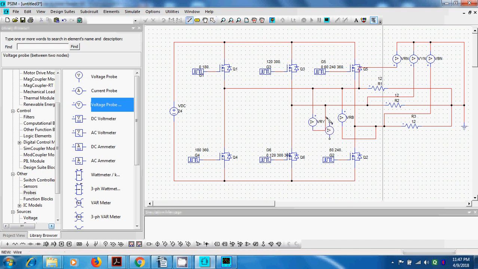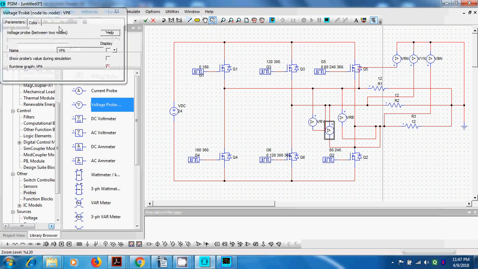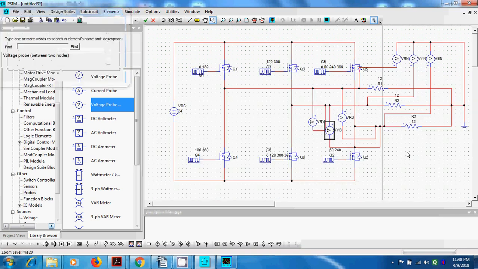Your positive is to be connected to Y, for VYB, and negative towards here itself, and this will be VYB. So these are the line voltages that we will see. And these are the phase voltages, and these are the line voltages that have to be connected across each phase.